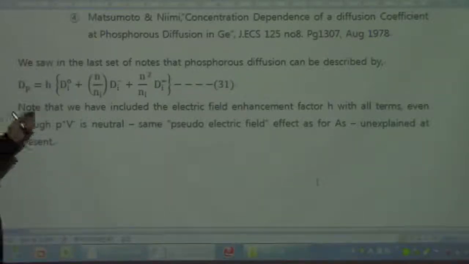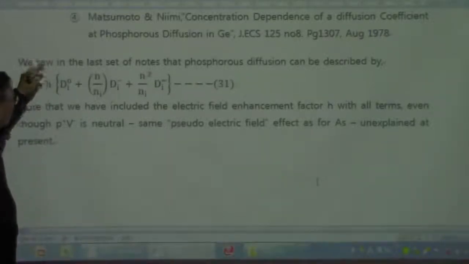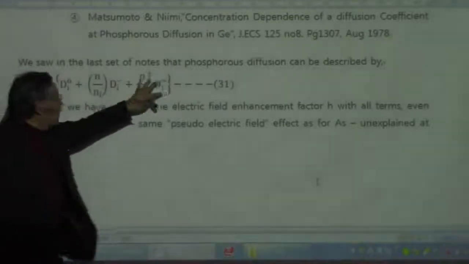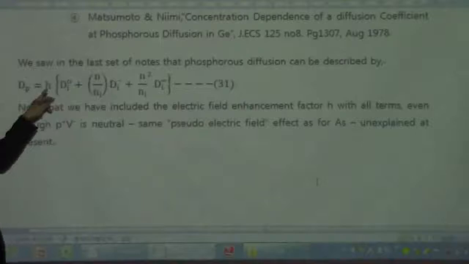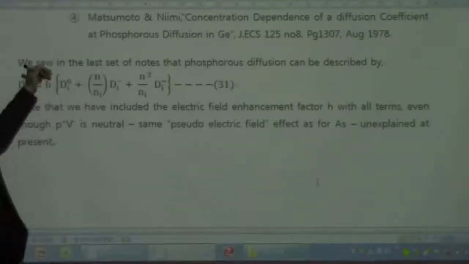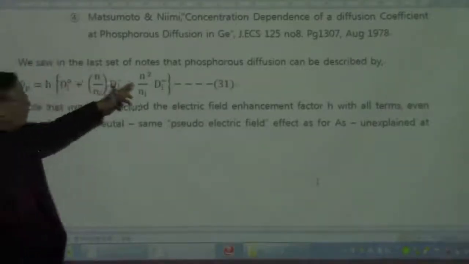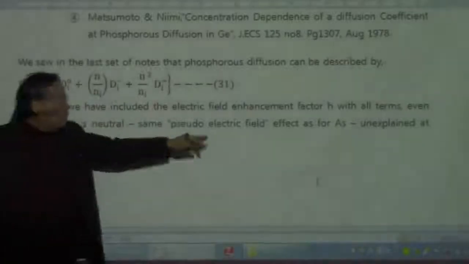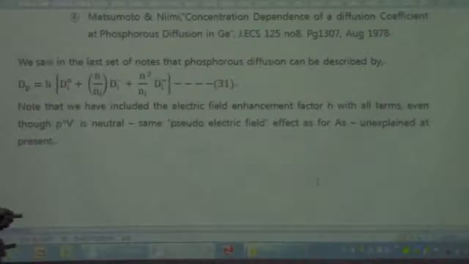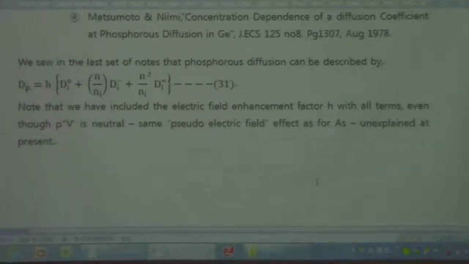So the electric field effect should be working on these 2 terms, not on this term, but in this equation it just says the electric field effect affects every term here. Well, it just says the pseudo-electric field. Whenever you meet the word pseudo, it means that we don't understand why.